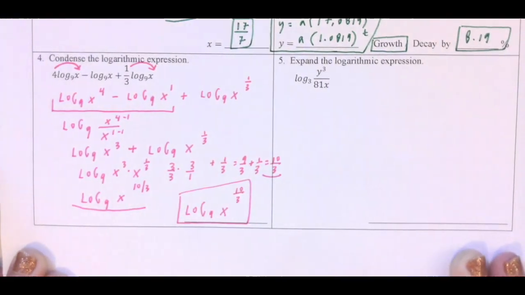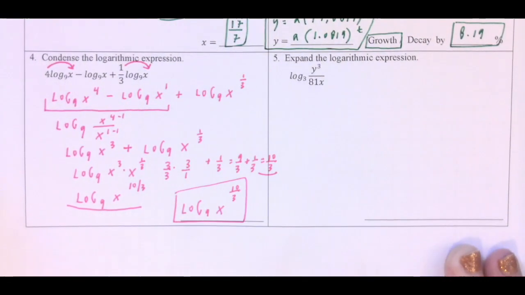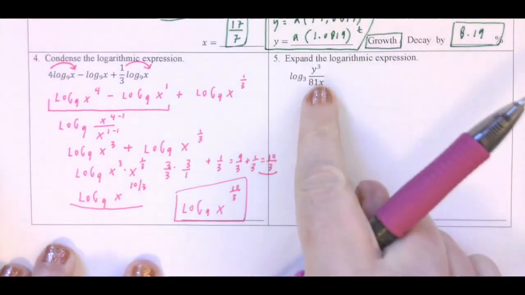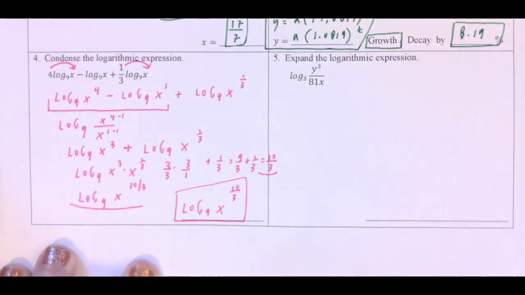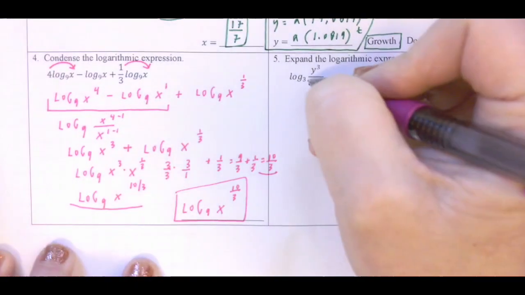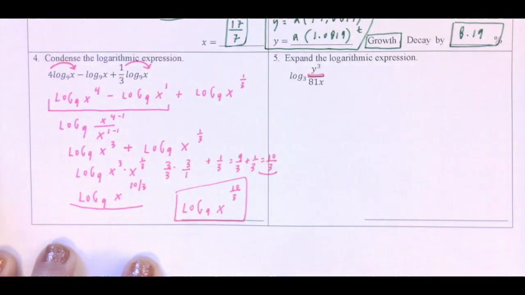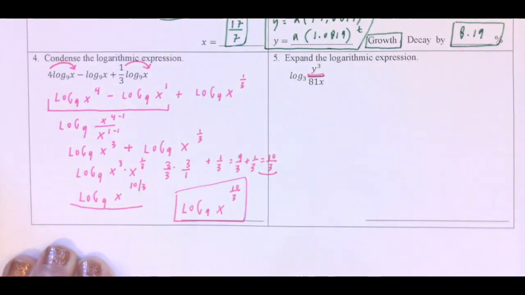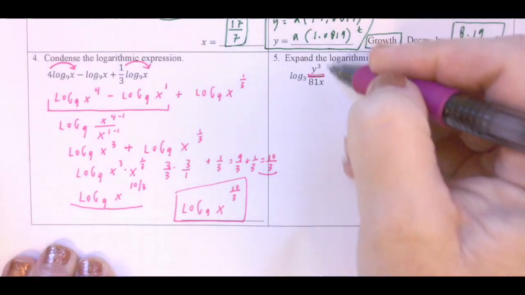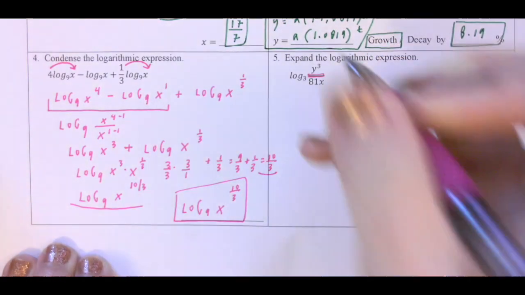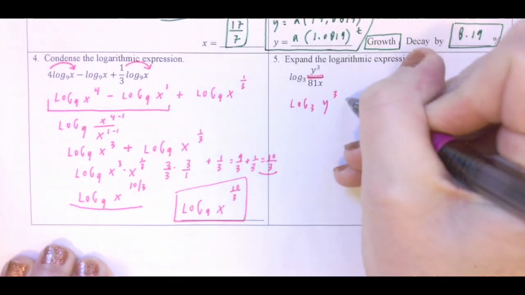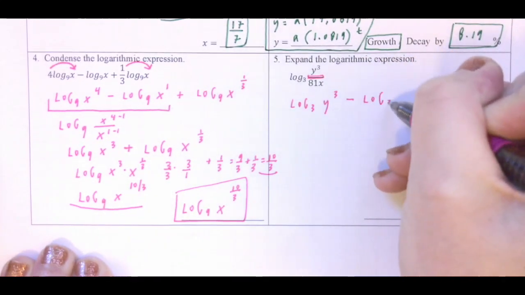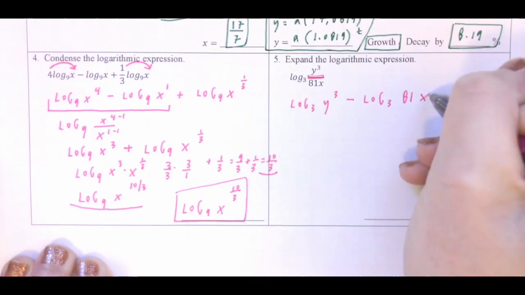All right, final answer. Next, I'm going to expand. So I'm starting with this singular log, and I want to rewrite it like we saw over here. So first thing to do is to see that we have a quotient, right? I see that big fraction bar. So I'm going to separate these terms, and I'm going to write them as log base 3 of y to the third power minus log base 3 of 81x.